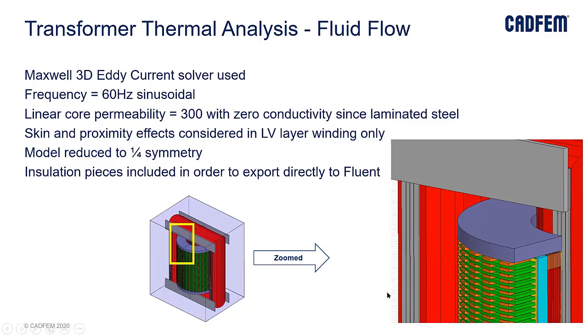As I mentioned previously, it would be very difficult to model the complete transformer by considering each and every turn and winding, so we model layer by layer. Instead of modeling the complete model, we have used symmetry, where you can model only one quarter of the model. That will help us reduce the simulation time. Hand over to Thanakos.